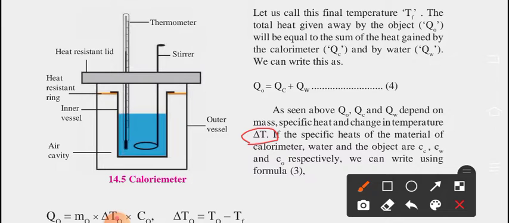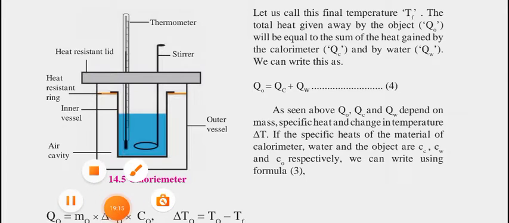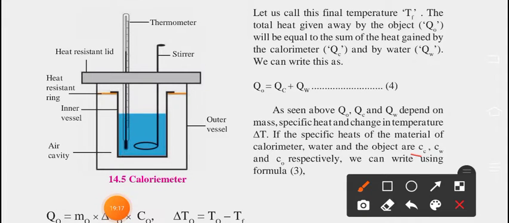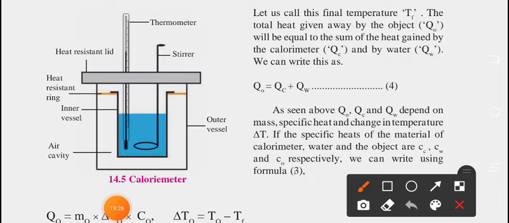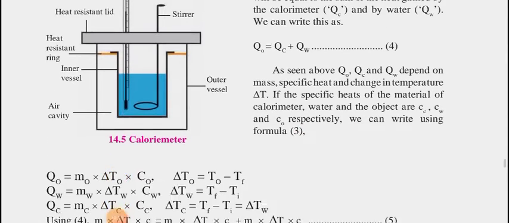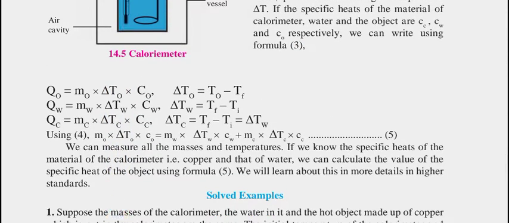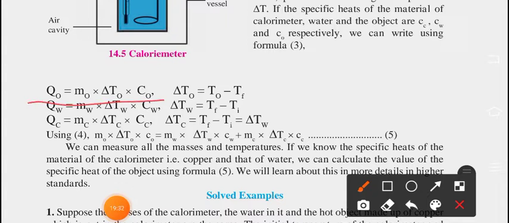Whatever temperature changes are there, we represent with this delta T. The specific heat of the calorimeter is Cc, the specific heat of water is Cw, and the specific heat of the object is Co, respectively. So with this, we can write the formula: Q is equal to m into delta T into C.